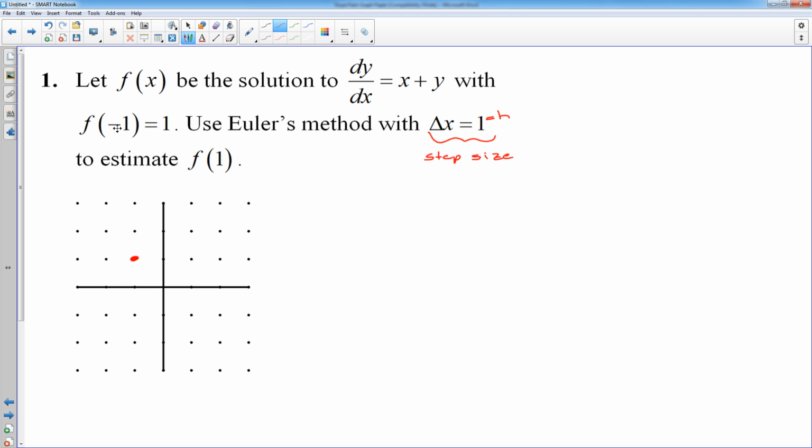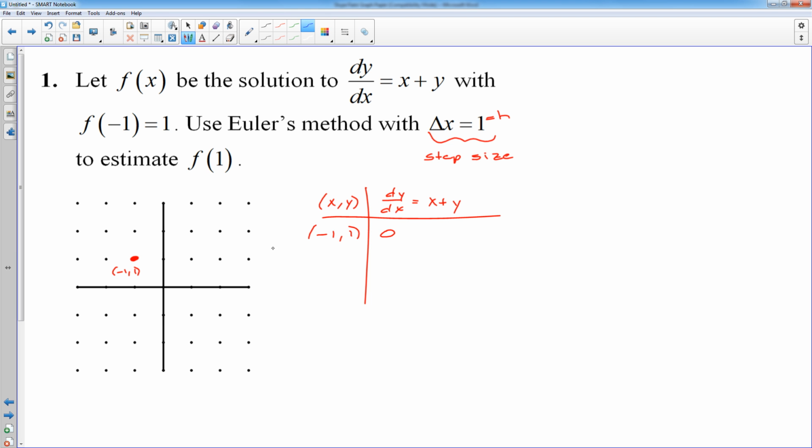All we know about the function is that its slope is given by x plus y. So we're going to start with this point right here, which is the ordered pair negative 1, 1. If I plug that into the differential equation, dy dx is x plus y, starting at the ordered pair negative 1, 1, if you add those two together, you get a slope of 0.